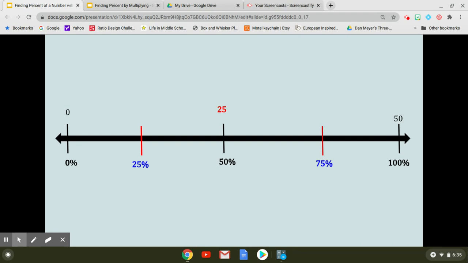So if I took the number 25, which is half of 50, and divided it into two parts, I would get 12 and 5/10, which I'm going to show on this line. Now, if I wanted to find what 75% of the number could be, I could add that 12 and 5/10 to my half, which is 25, and get 37 and 5/10.